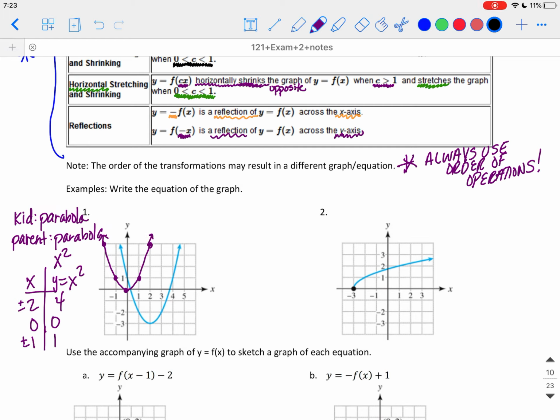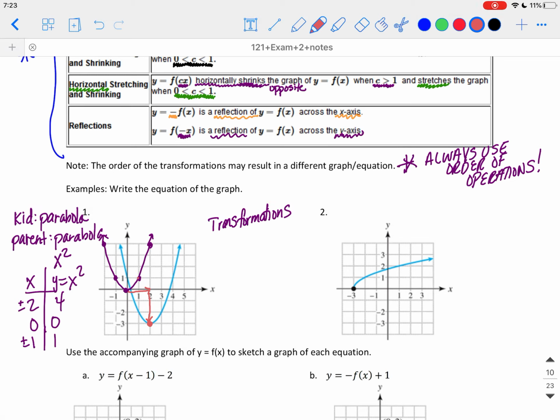Hopefully we can see the following transformations. Let me just write it down. For the transformations, it looks like we went 2 units to the right and then 3 units down to end up right here for the vertex.